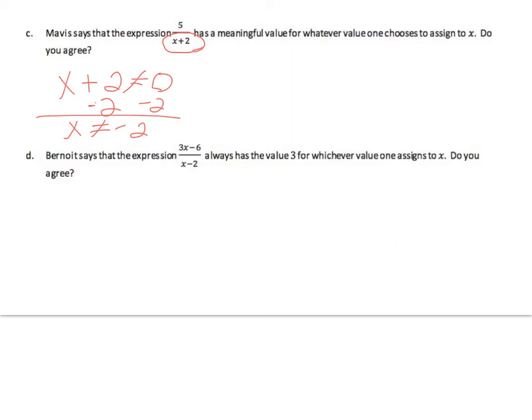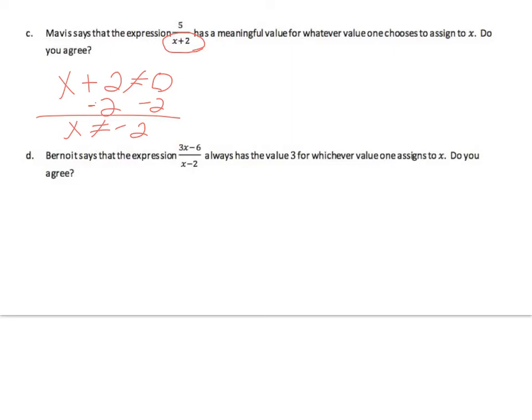Next we have, I don't even know how to say that dude's name. He says that the expression 3x minus 6 over x minus 2 always has the value 3 for whichever value one assigns to x. Do you agree? Well, I don't agree.